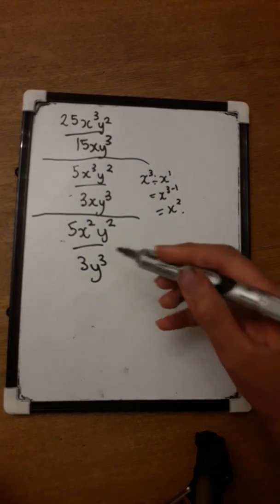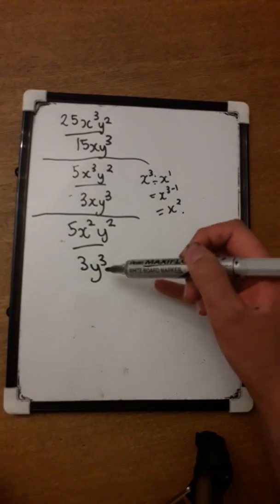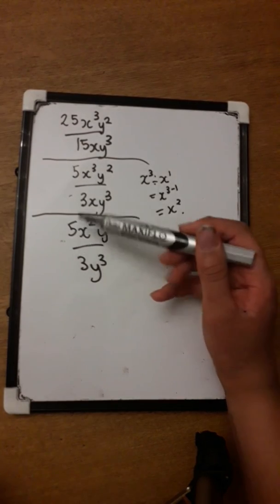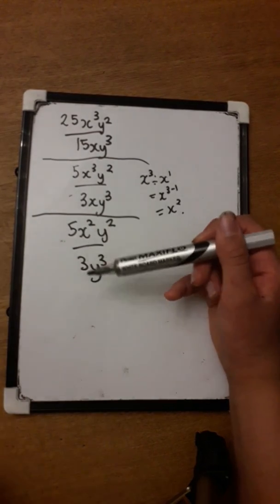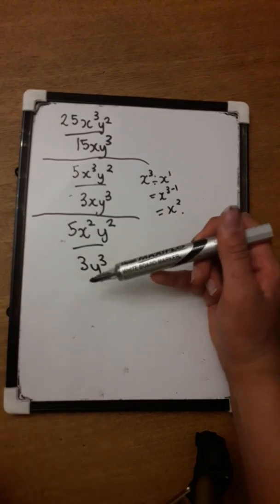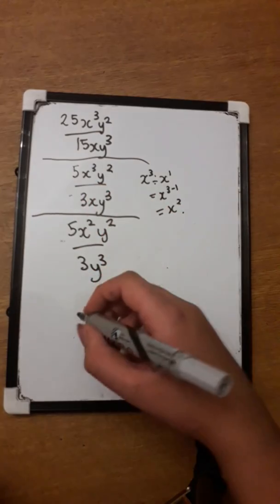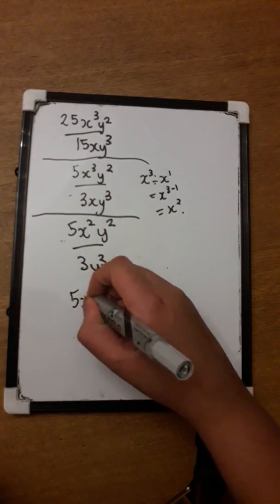Now what I can do is get rid of the y's. As you can see, you can't divide 5 by 3 or 3 by 5, and there's no more x's in the denominator, so all you have to do is act upon the y. So first of all, you can rewrite the other components. It's going to be 5x squared.